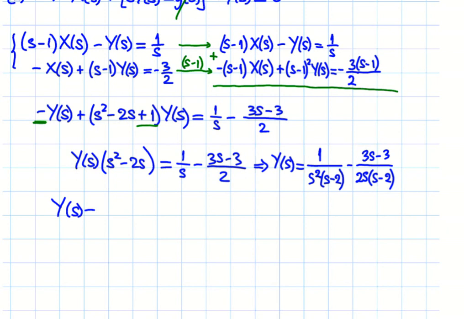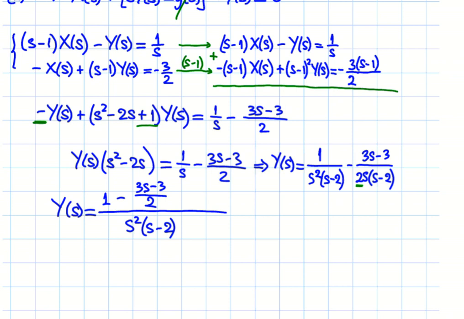For the common denominator, instead of taking the 2 in terms of the common denominator, I'm going to keep that 2 on the top. So the common denominator is just s squared and (s minus 2). On the top we will have minus 3(s minus 1) over 2, so that 2 we bring on the top like that.